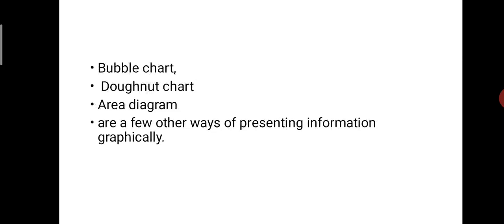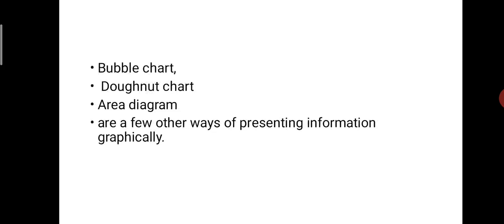In the exercise there is a task: prepare a tree diagram with the help of the information given below. There are two tasks here, and write a paragraph based on the following diagram.